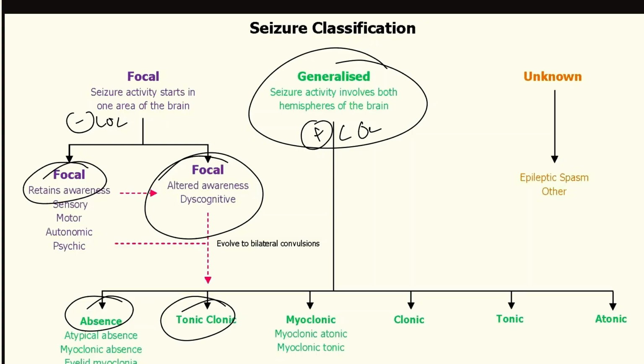And focal, again, remains aware. But when it gets to this side, this is your secondary generalization. It's going to spread to the other side of the brain, causing abnormal level of consciousness. We're still under the focal cause, not the generalized. So just know the ones that we went over.